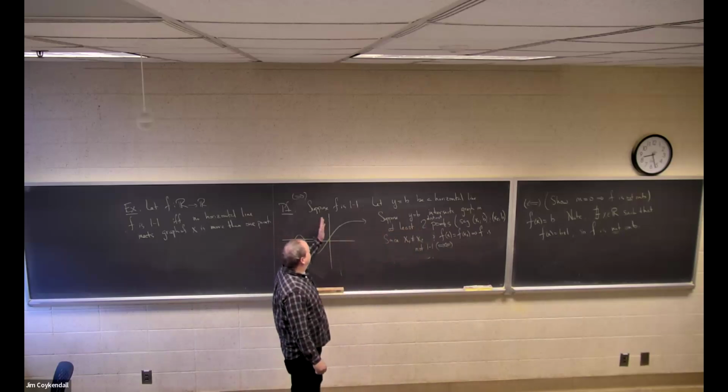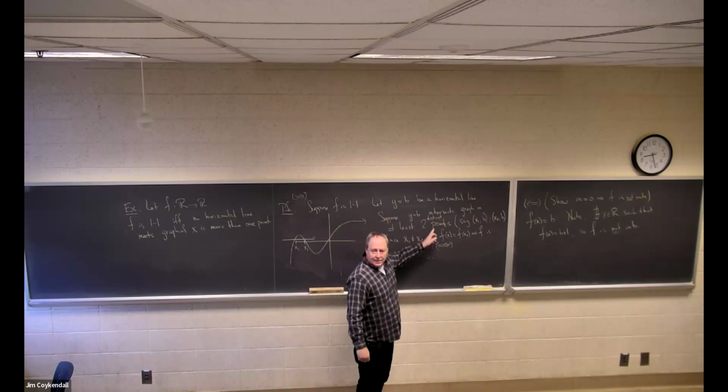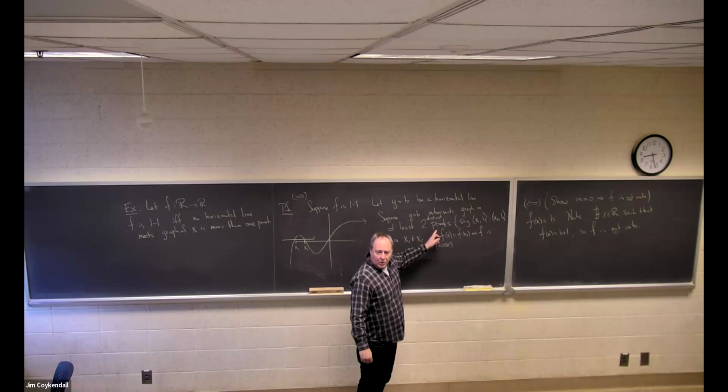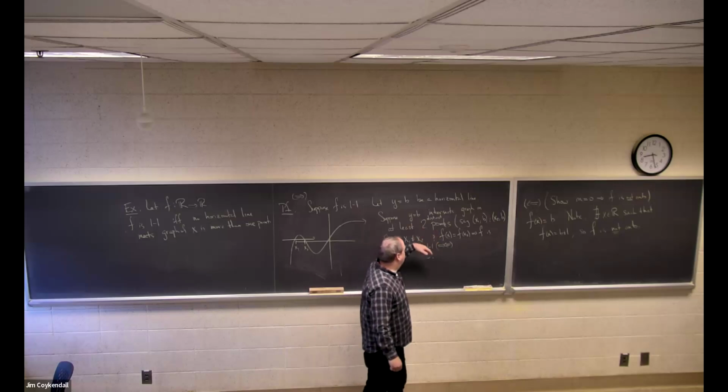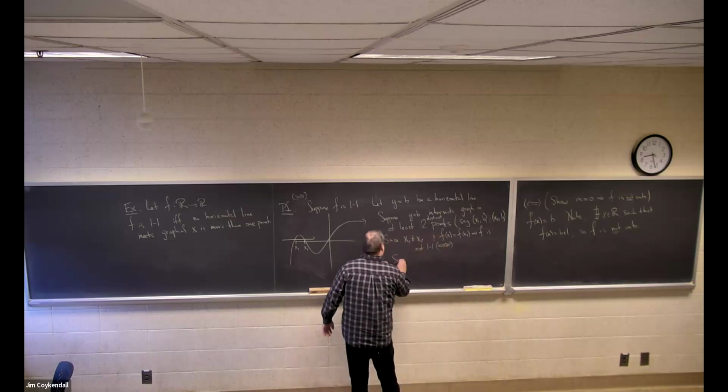So what we've shown is that if f is one-to-one, then no horizontal line can hit the graph in two points.